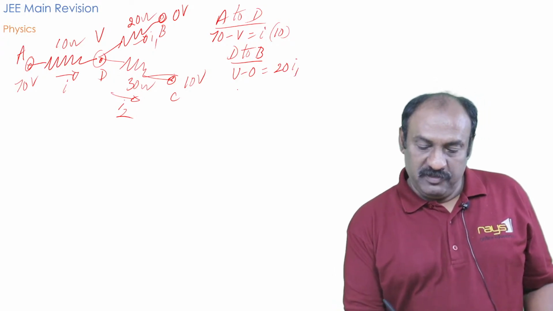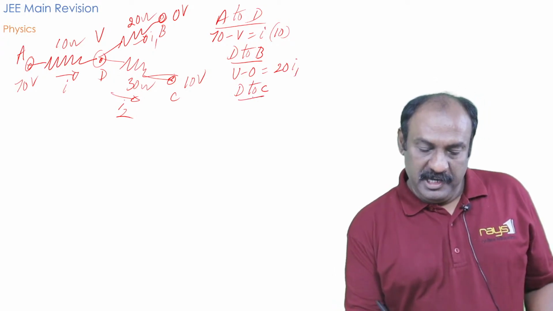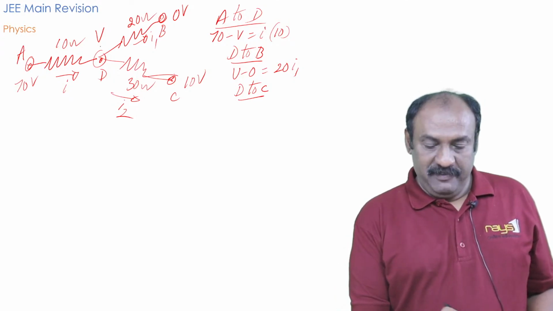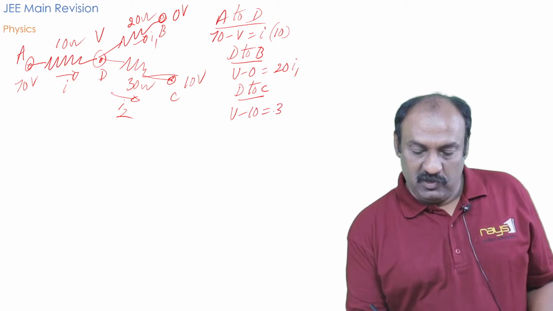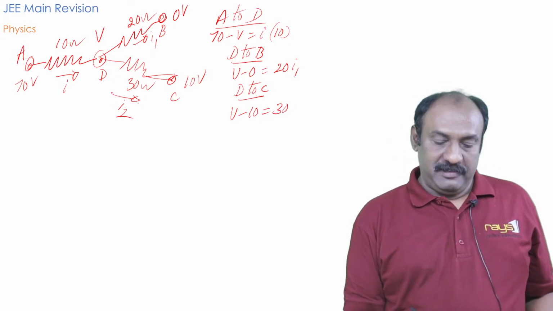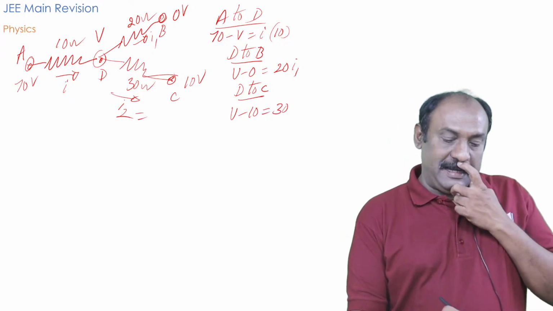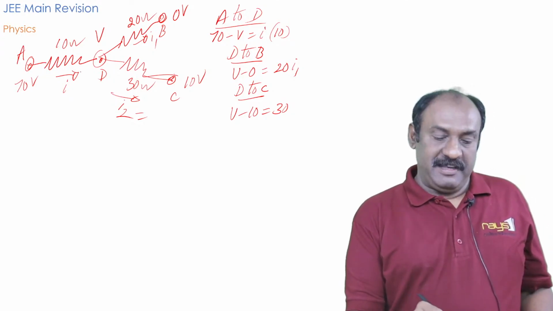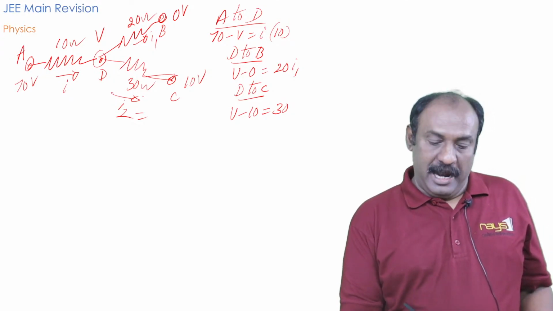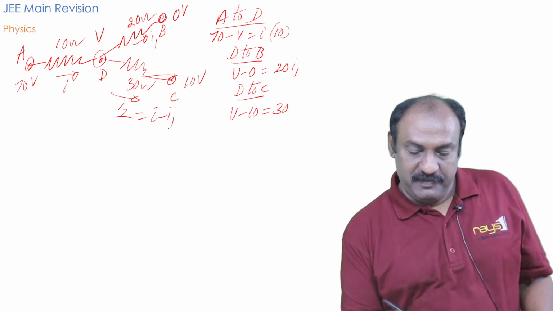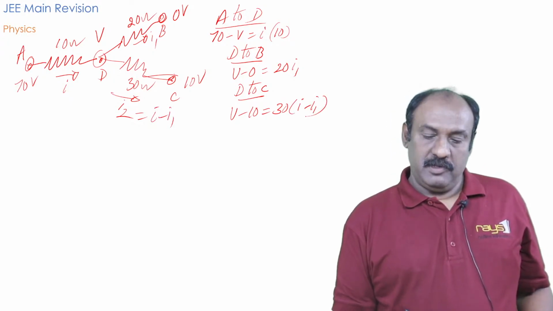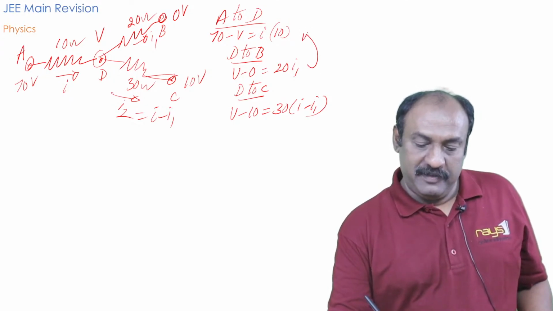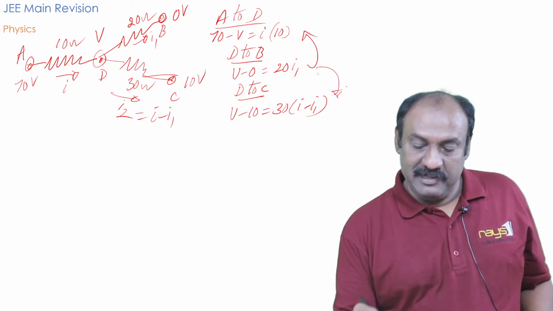And from D to C, the potential at D is V and at C is 10 volt, so V minus 10 is equal to 30 into I2. At this junction I splits as I1 and I2, so I2 can be written as I minus I1, that is 30 into I minus I1.